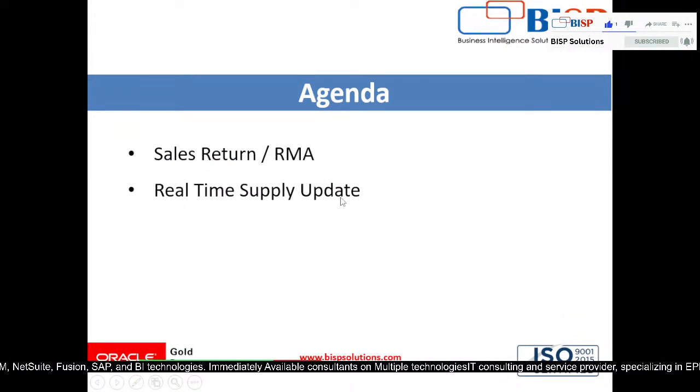So what do we mean by real-time supply update? Whenever we create the sales order, we have to map our order management application to the inventory application, so that we can see the on hand quantity in our application, right? So we have to perform one job.